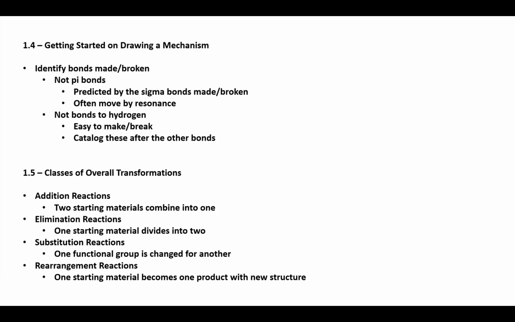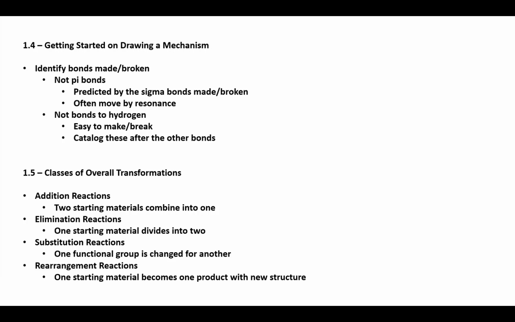One of the things that Grossman emphasizes a little bit is not being too distracted by things like bonds to hydrogen or pi bonds. Those aren't usually the most important bonds to identify when we're drawing a mechanism, just because pi bonds are usually either formed or broken as a result of other sigma bonds being formed or broken.